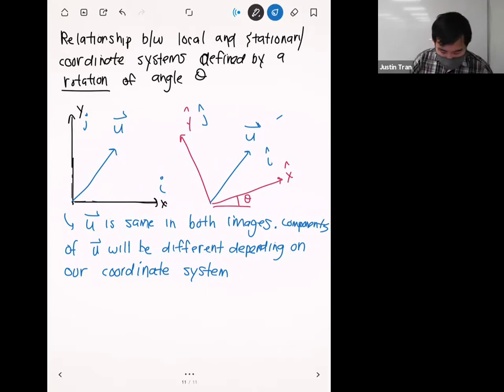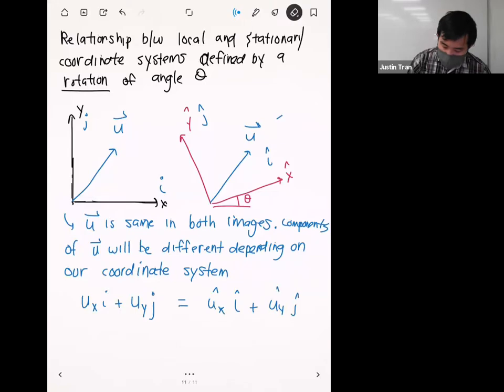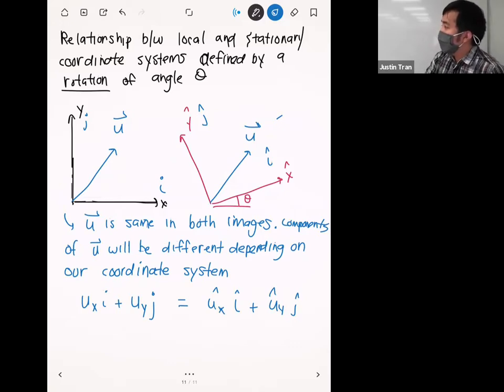What we should have is that the vector in the stationary coordinates, ux i plus uy j, should be equal to the same vector with different component representations, ux hat times i hat plus uy hat times j hat.